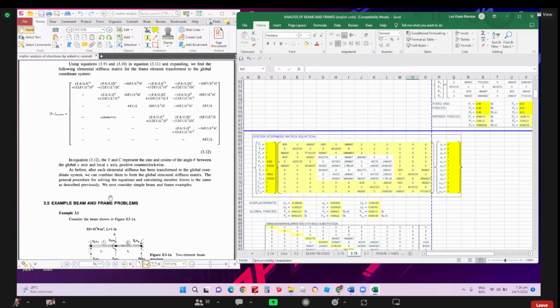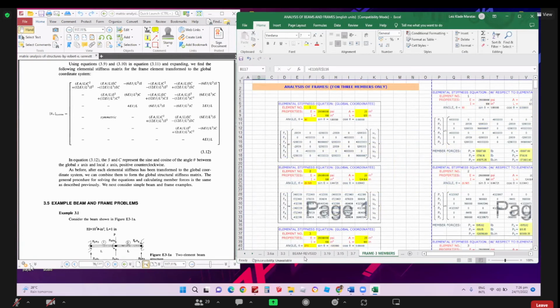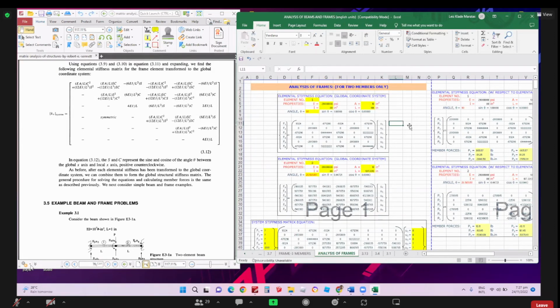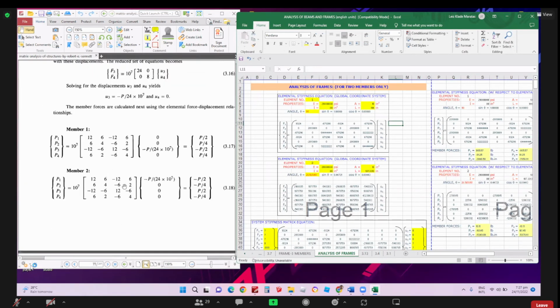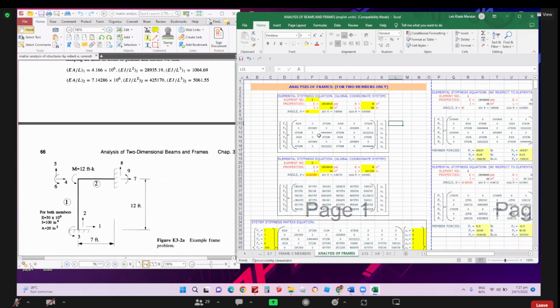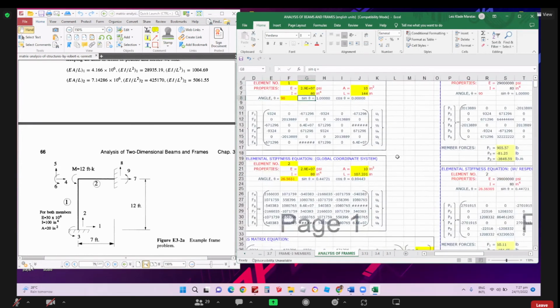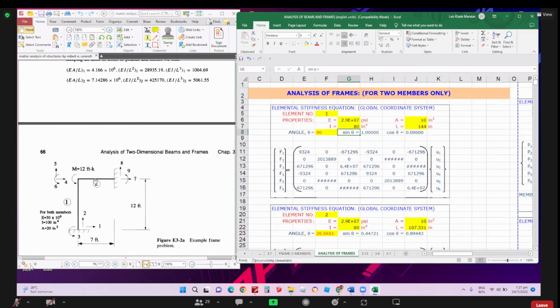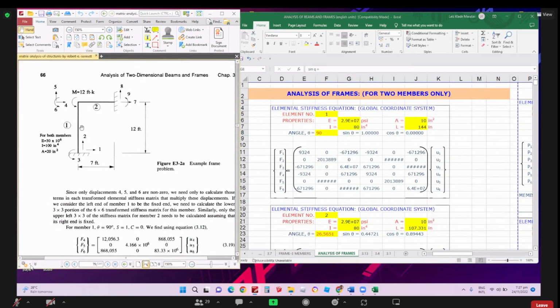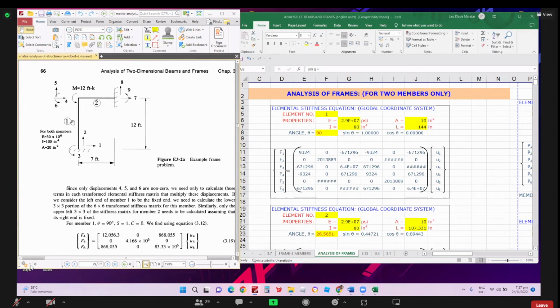So, let's go to the example. Let's start with element 1. Our member 1 has a length of 12 feet.